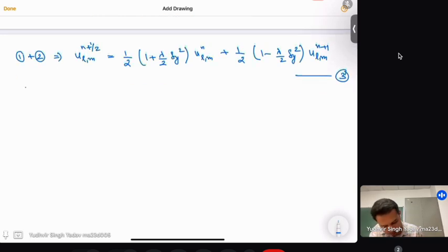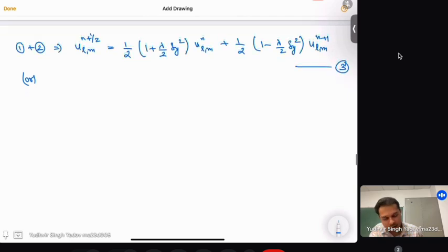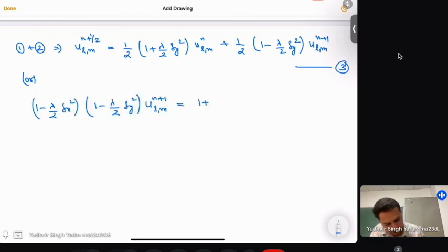One more way to write this scheme is 1 minus lambda by 2 delta x square, 1 minus lambda by 2 delta y square, u l comma m n plus 1, equals 1 plus lambda by 2 delta x square, 1 plus lambda by 2 delta y square, u l comma m n.